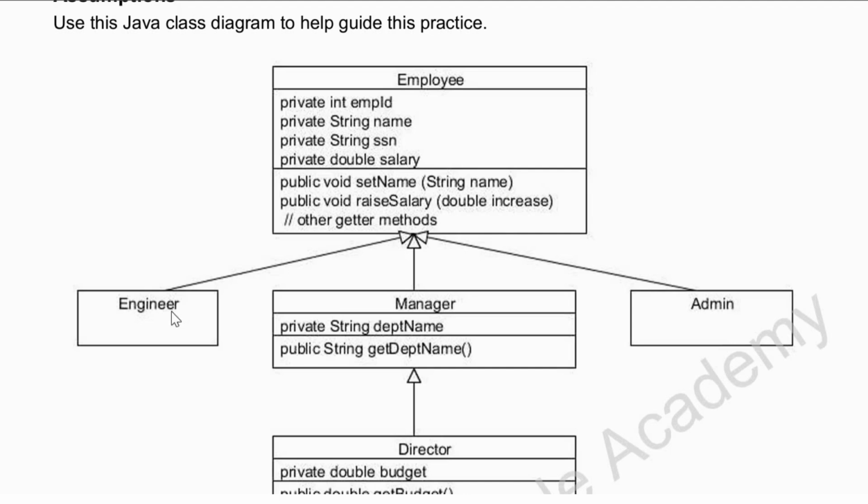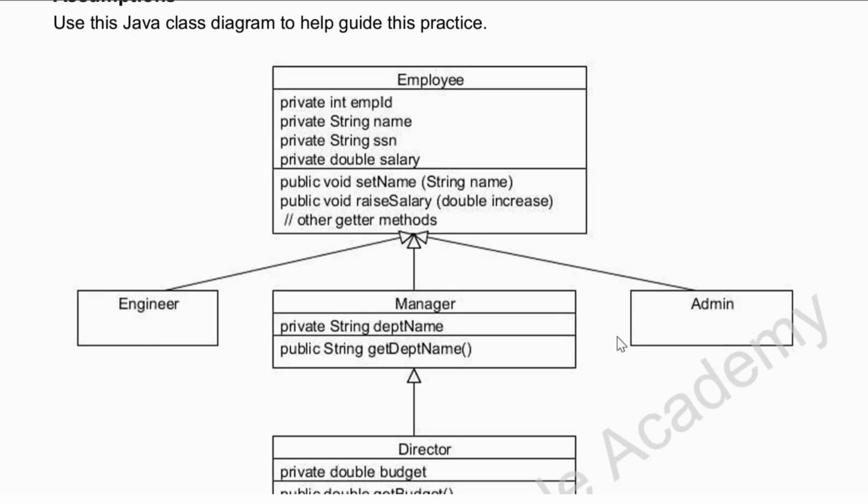So when you are defining the engineer class, the manager class, and the administrator class, we do not have to specify the attributes again. So that is the whole concept of inheritance. Yes, the classes here are different.